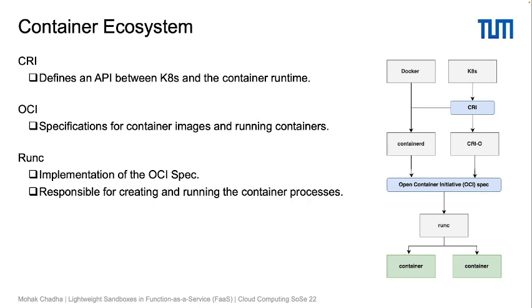So when you want to start a new container, a pod for example in Kubernetes, it interacts with the CRI, and then the CRI interacts with the container manager, right? So it's Containerd or CRI-O, and then they use a specific container runtime, which in most cases is runc, right, to start the container. So runc essentially forks a new process, which is your container.